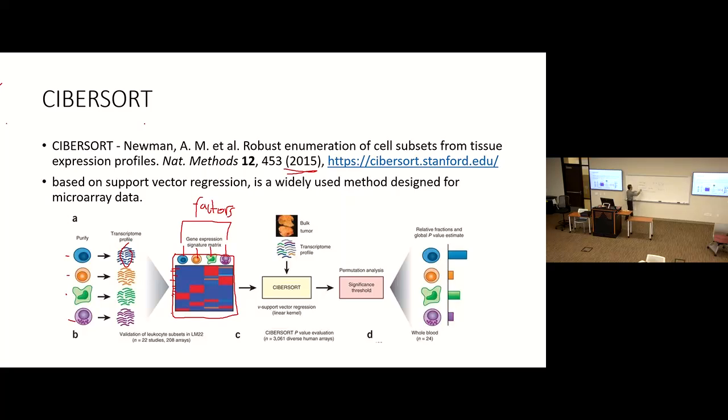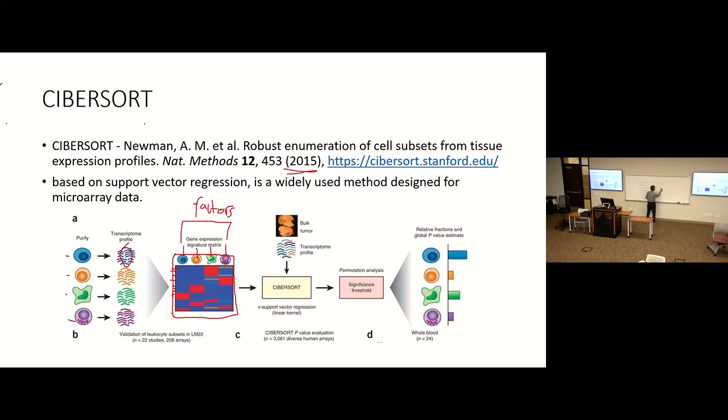There are a lot of different definitions of what that factor is, depending on applications. So if we consider different cell types as factors, we can use this matrix to help decompose the bulk RNA-seq observation matrix.